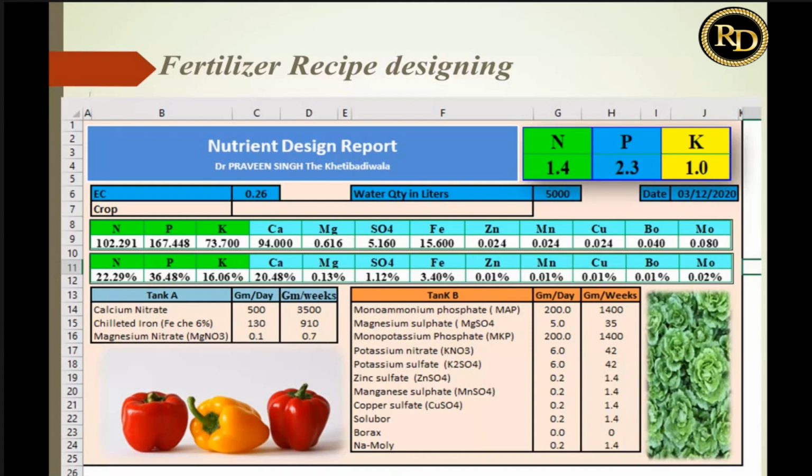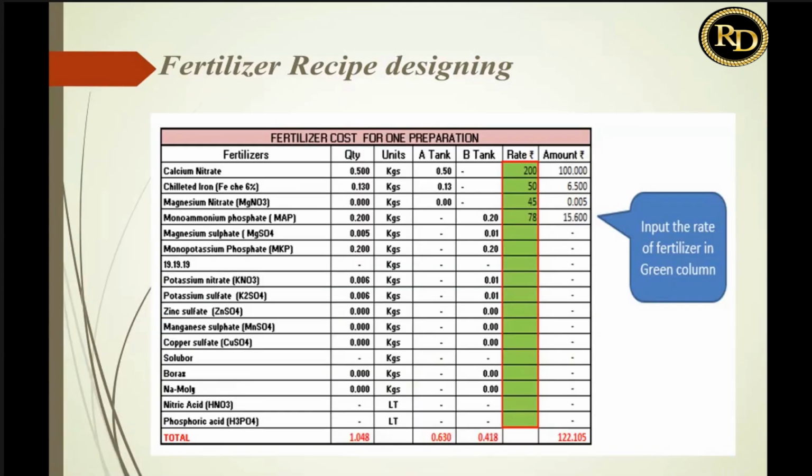But just because of a little mistake, the recipe ratio will be disturbed, and ultimately you will see the impact on your crop. Not only that, we also have a table in the first sheet itself, where you can put all the rates of the fertilizers you use.